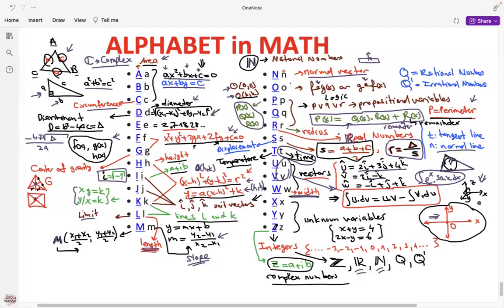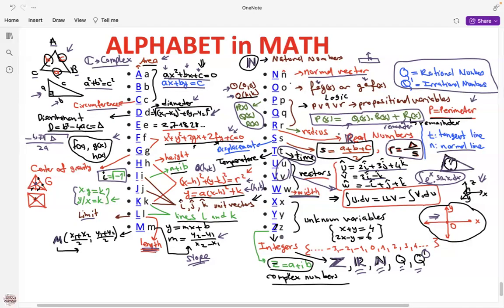These are the coordinates of three-dimensional space. For the set of integers we use capital Z also, again with the double line, or a little bit thicker line in the middle. R for real numbers and N for natural numbers. As I mentioned here, Q for rational numbers, and Q prime is for irrational numbers. So these are the number sets.